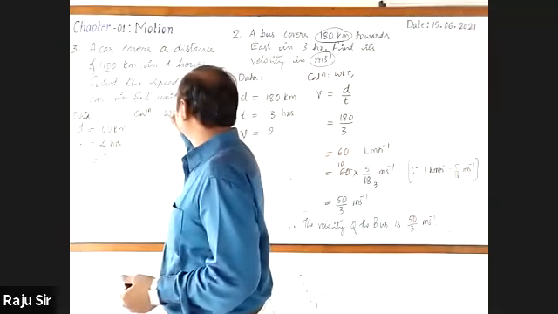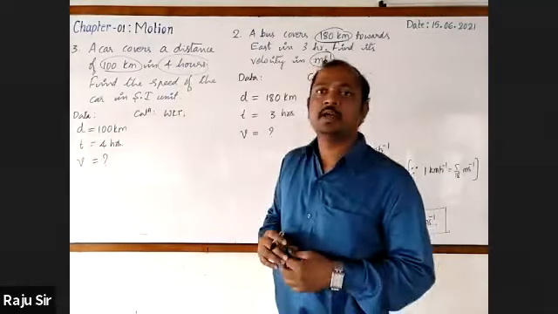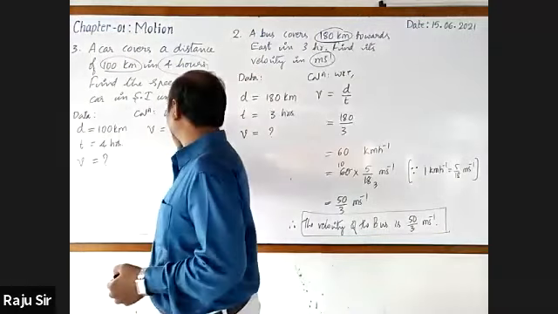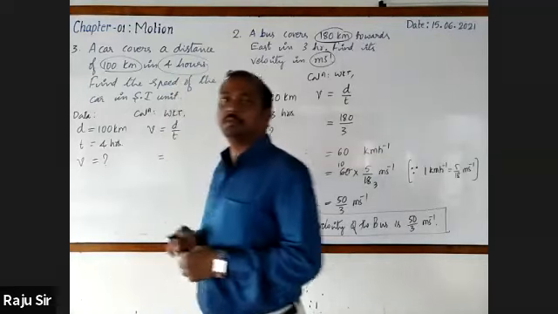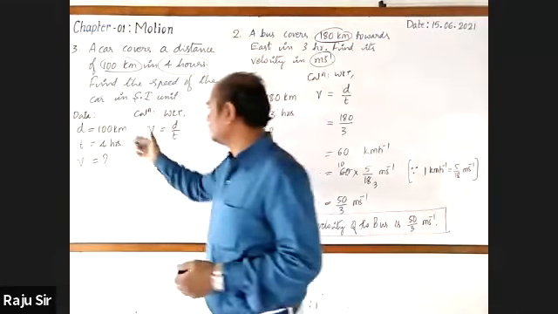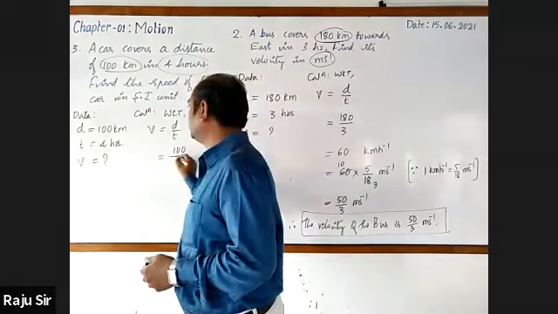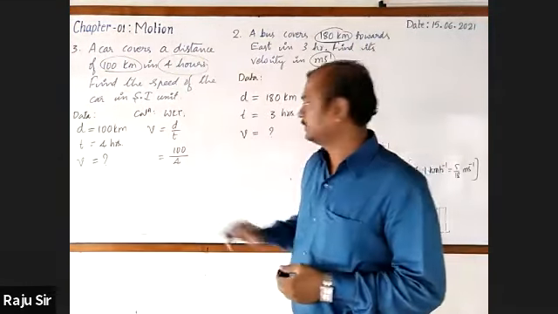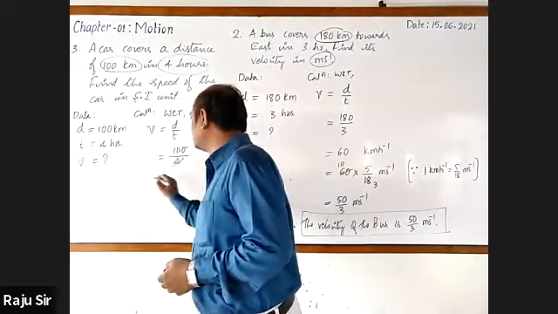We know that the speed of a car, or in general the speed of a body, is given by V is equal to D by T, where distance is 100 kilometers and time is 4 hours. Now you can cancel it.